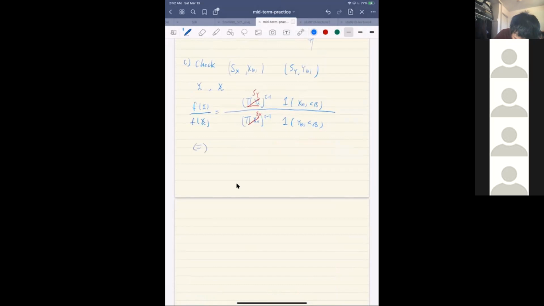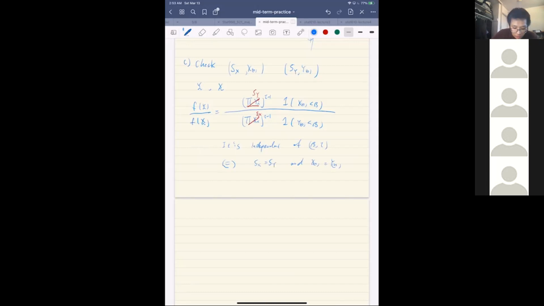This pattern holds if and only if... is this the ratio of the joint PDF?